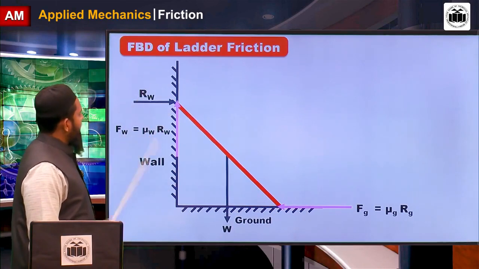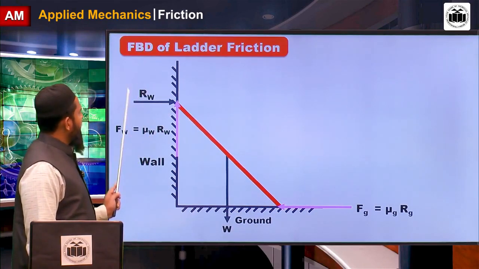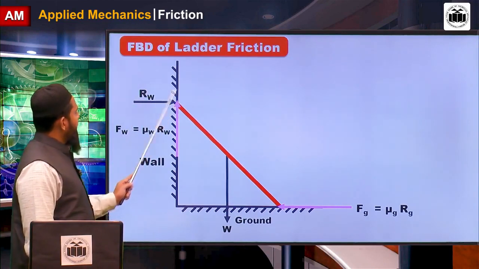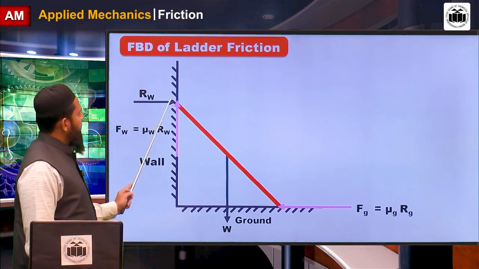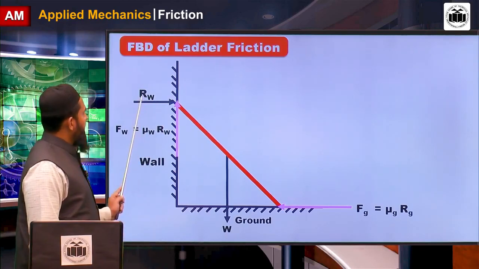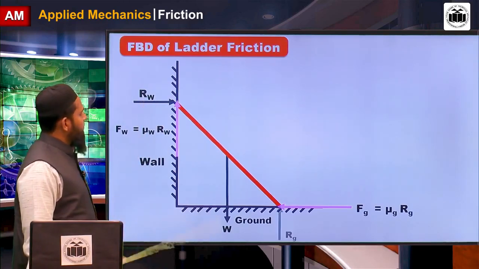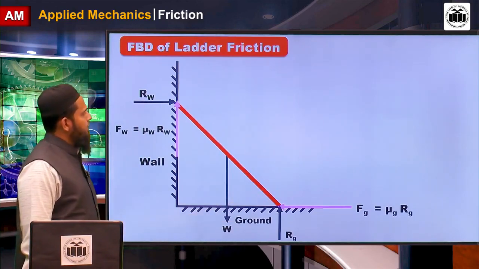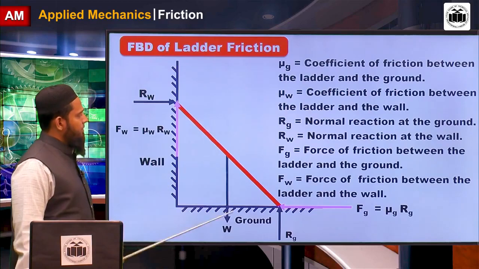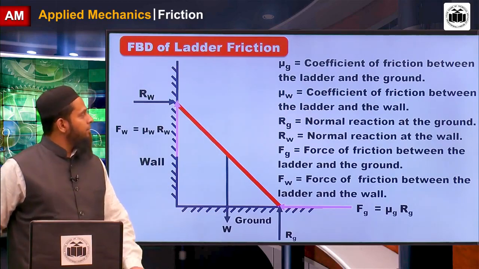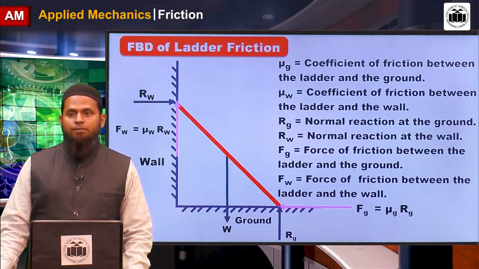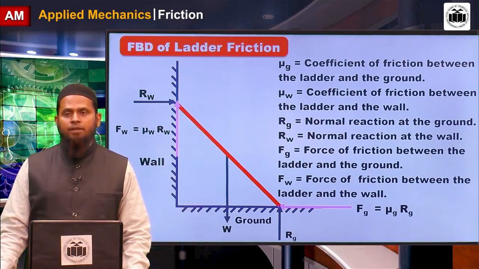Now whether rough surfaces or smooth surfaces, when in contact, the normal reaction is always perpendicular to the contact surface. For the wall, Rw, and for the ground, Rg is there. The coefficient of friction between the ladder and the ground is called mu g.